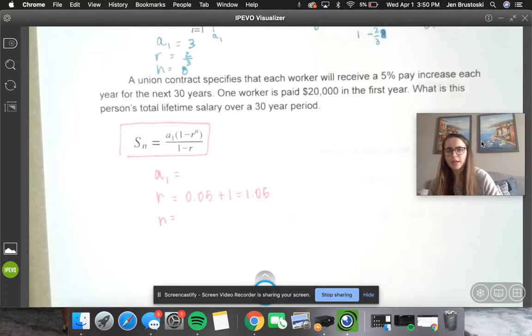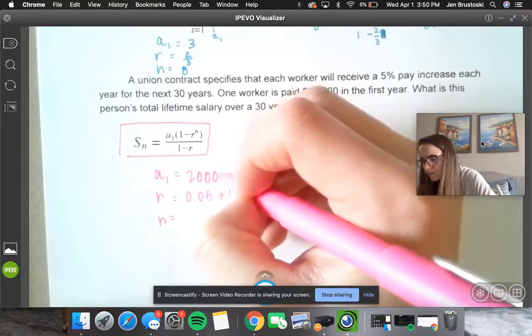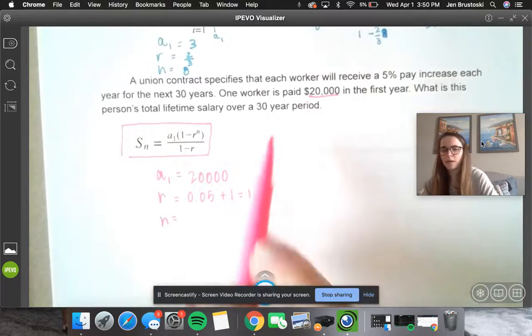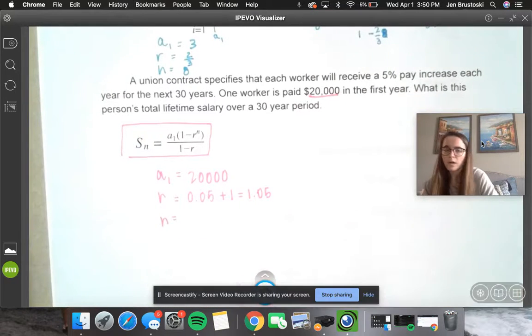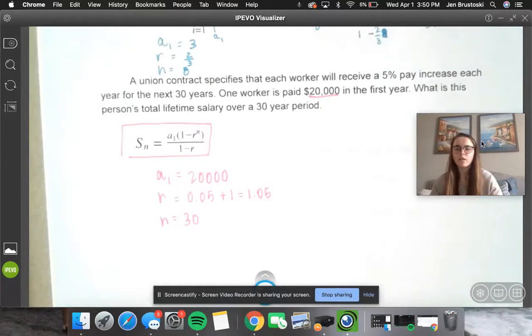Okay, it says one worker is paid $20,000 in the first year. So that $20,000 is going to be the initial amount. It says, what is this person's lifetime total salary over a 30-year period? So we want to know what the total is over 30 years. His salary the first year was $20,000. His salary the second year was how much? And then you add all those together.